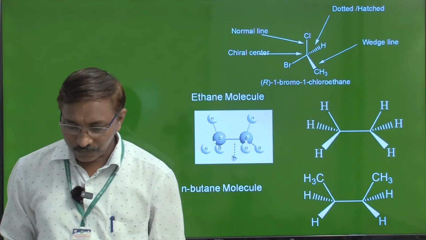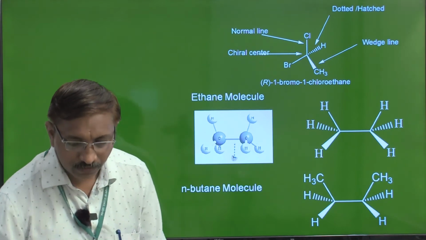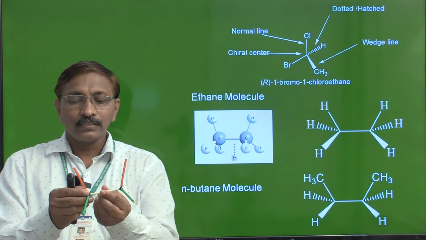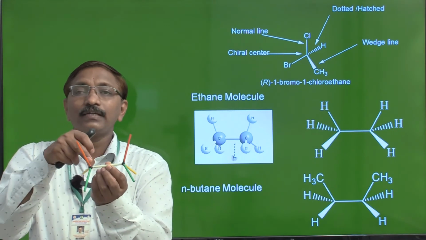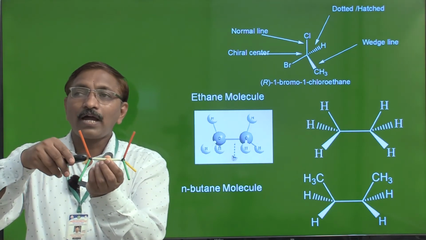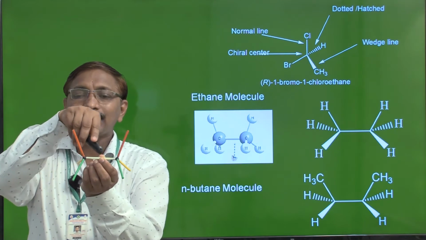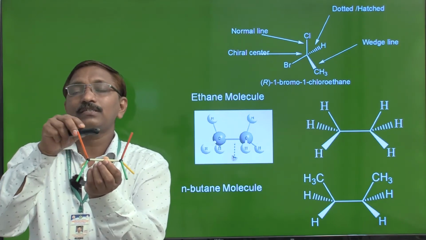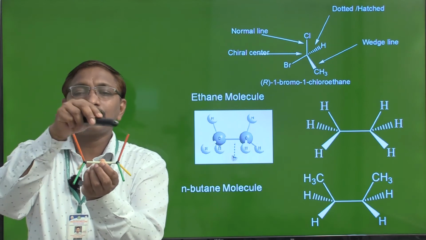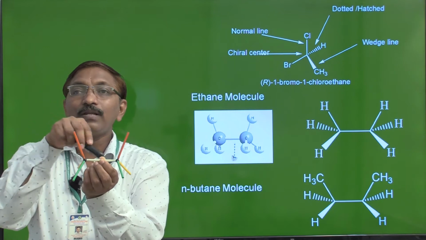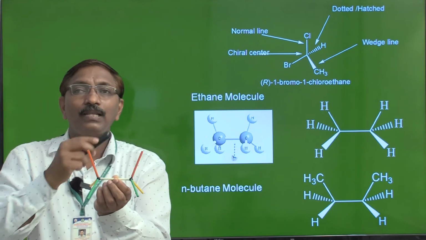So here let's see how they look in a ball and stick model. For the sake of understanding, if you observe, the white bond is the central carbon-carbon bond that we have held. The 2 hydrogen atoms which are in the plane of this carbon-carbon bond are represented by 2 red sticks. These 2 hydrogen atoms and this carbon-carbon bond are in one plane, so they are represented by a normal line.